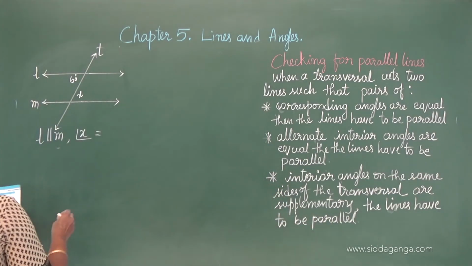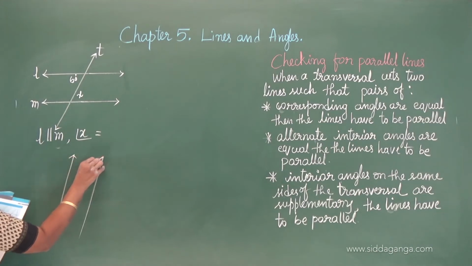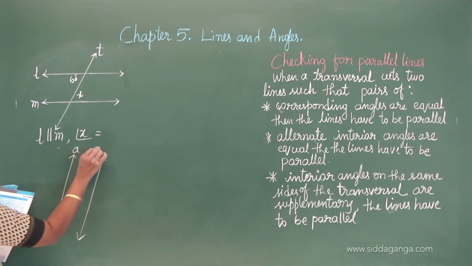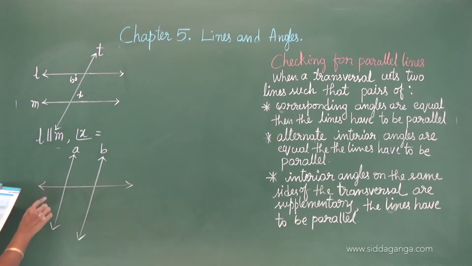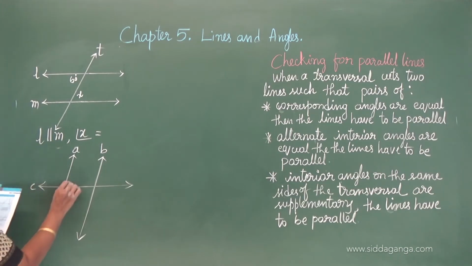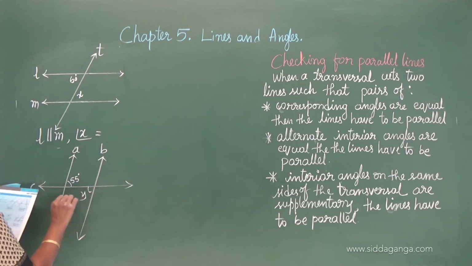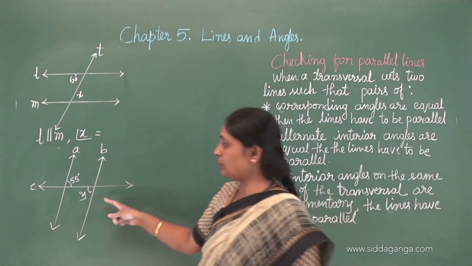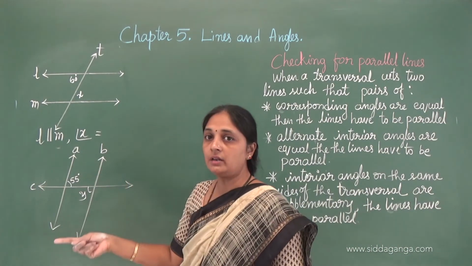And go to the second one. So I draw like this. They have given two parallel lines, here it's A and it's B, and the transversal is like this. It's C. It is 55 degrees, and they are asking to find the value of Y. This is another type of parallel lines that we can draw.